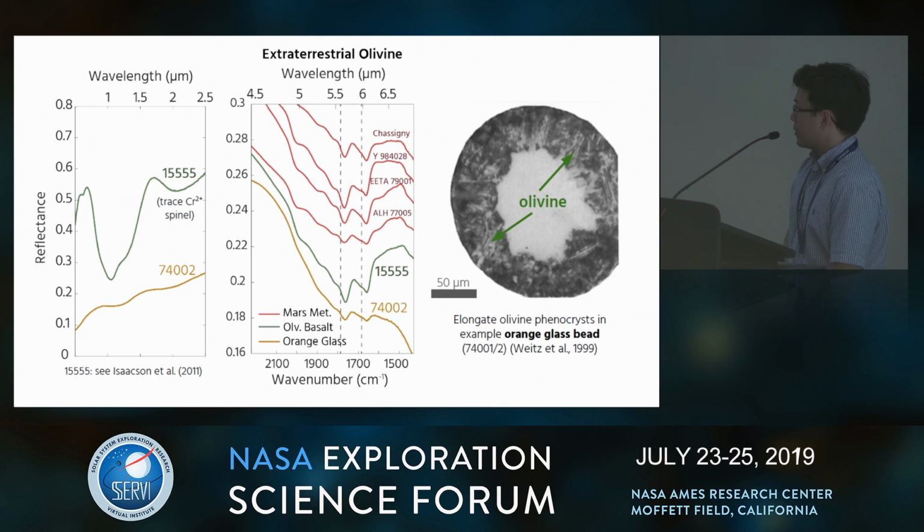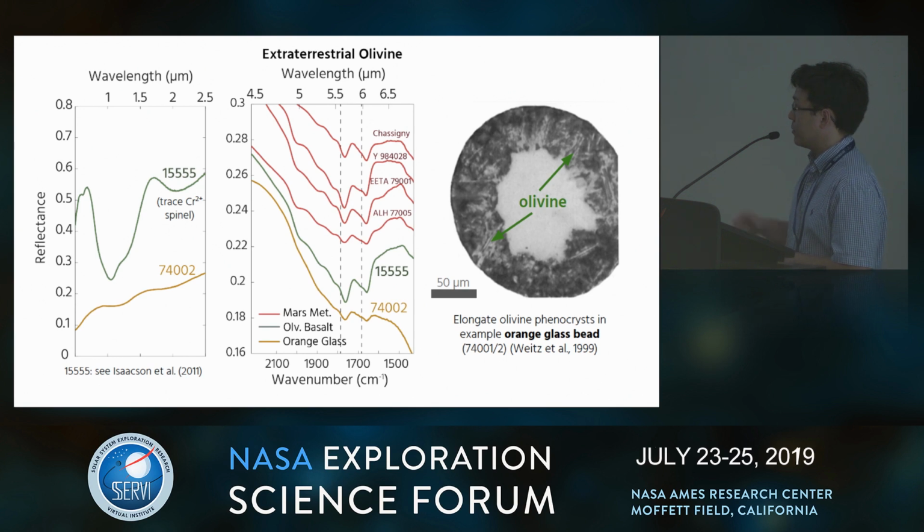So what I've done here is I've compiled data from olivines extracted from meteoritic samples from Mars, shown in red, and two Apollo samples, shown in green and orange. The green colored sample is an olivine separate prepared by Peter Isaacson that comes from a basaltic composition sample, and then the orange glass is the orange glass of great Apollo 17 renown.